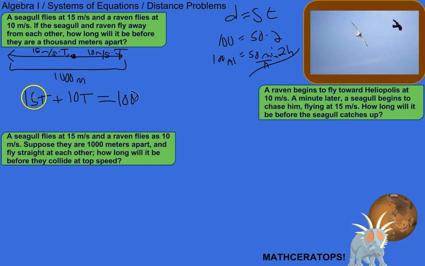Okay, so we can combine like terms. 15 plus 10 is 25, so this is 25t equals 1,000, divided by 25, divided by 25.